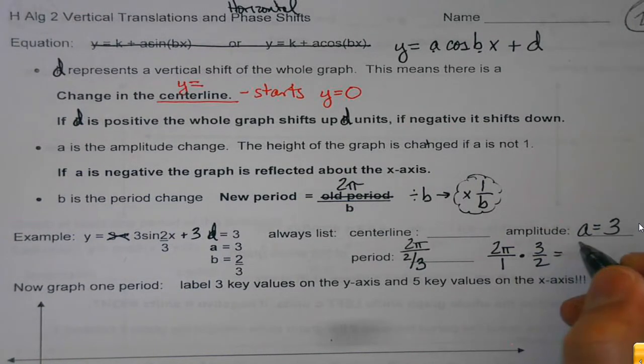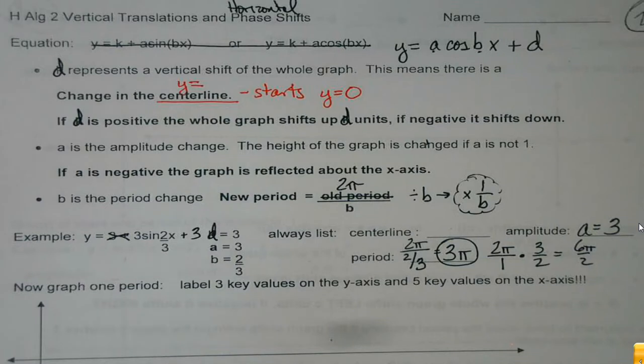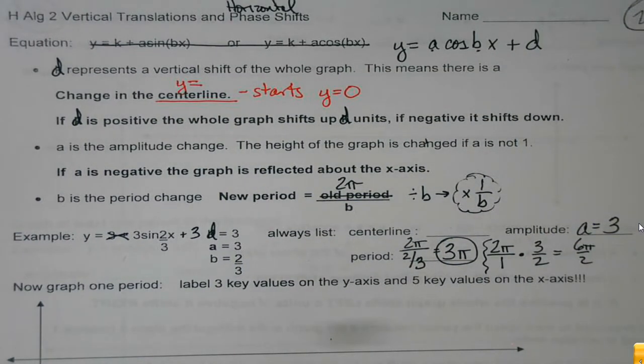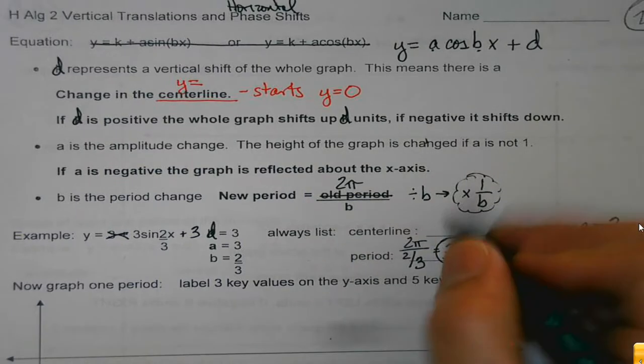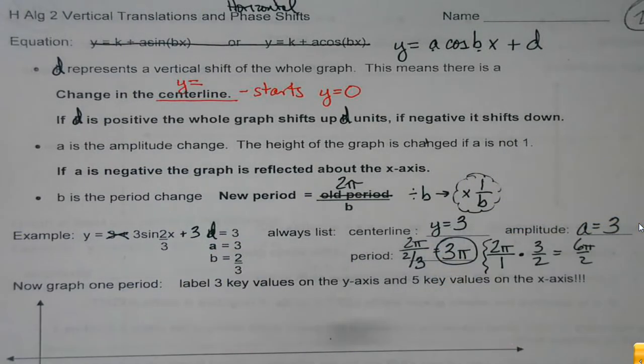And if I work that out, 6 pi over 2 would tell me my period is going to be 3 pi. So again, a little bit of side work doesn't hurt anybody. But then our new piece of our graph is this d value, which we call our center line. And so since it's positive 3, my center line will now move to 3. We'll get to that at the very end, though.